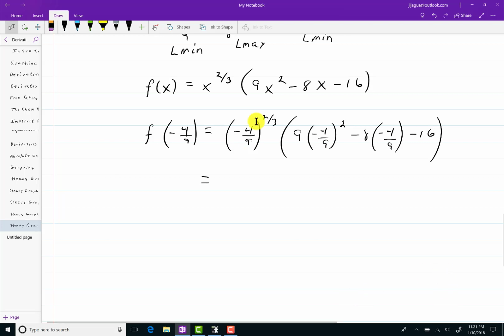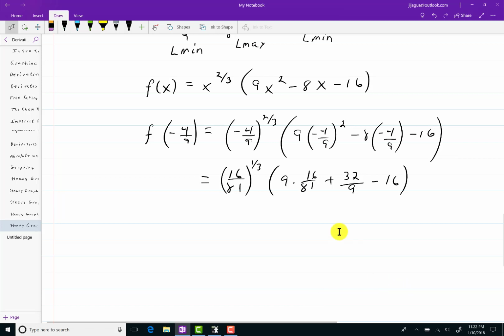Now this part, what I'm going to do is apply the second power first. So I'm going to get 16 over 81 to the 1/3 power. Notice how that changed to positive because of the square. And then I'll have 9 times 16 over 81 plus 32 over 9 minus 16.